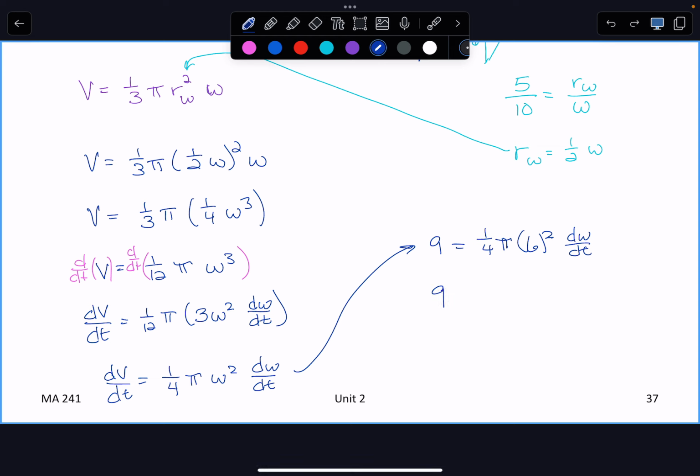I'm going to end up with a 9 pi over here, dw/dt. So if I divide both sides by that 9 pi, dw/dt is going to be equal to 1 over pi, right? Everybody good? What are my units there?